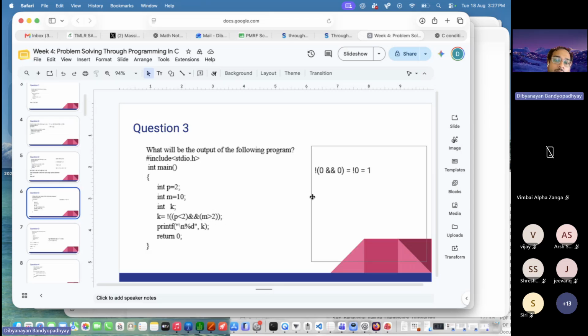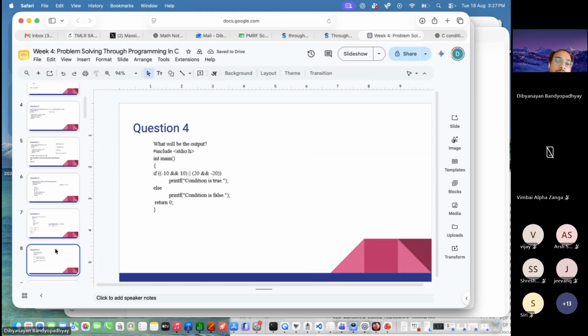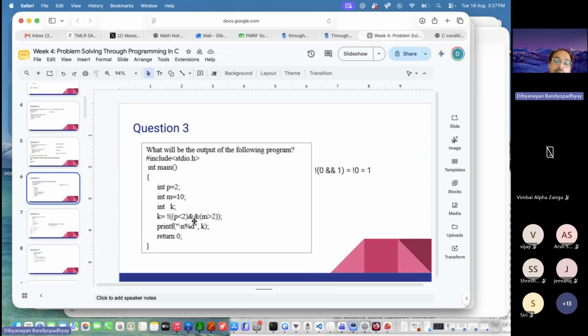10 greater than, okay, it should be 1 actually. Doesn't really matter. So is it clear? It is a very simple question actually. You just have to check the logical comparator, I mean, what it evaluates to. If it evaluates to 0, let it be. If it evaluates to 1, place it like that, and then evaluate the logical AND operation.